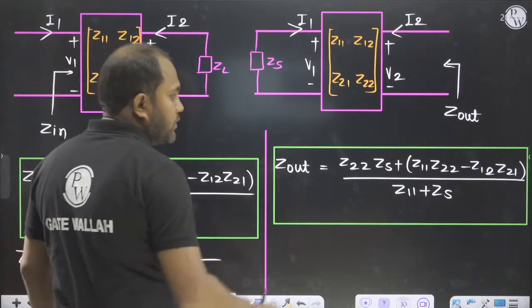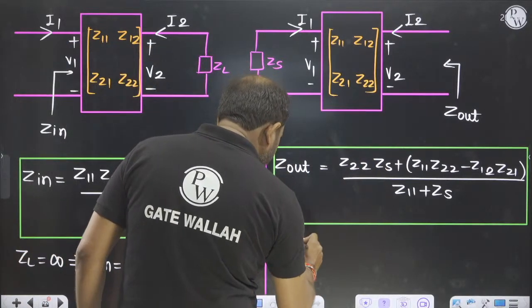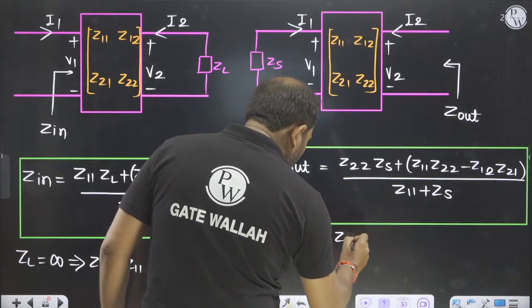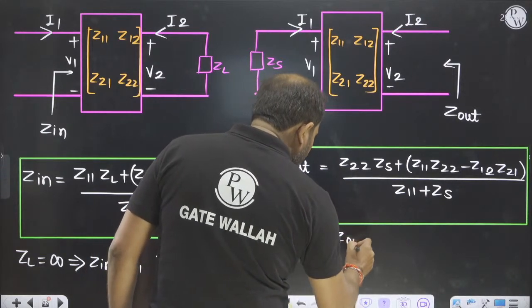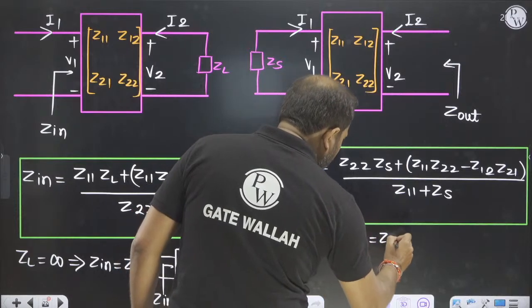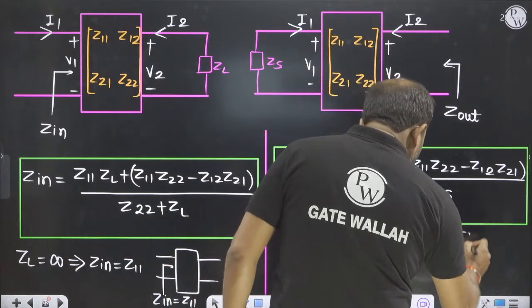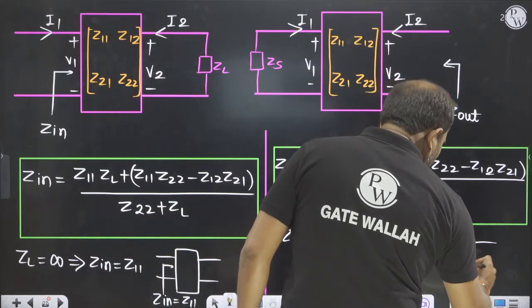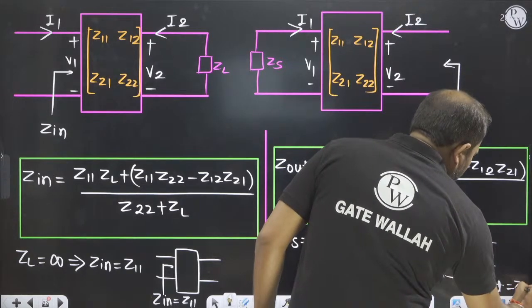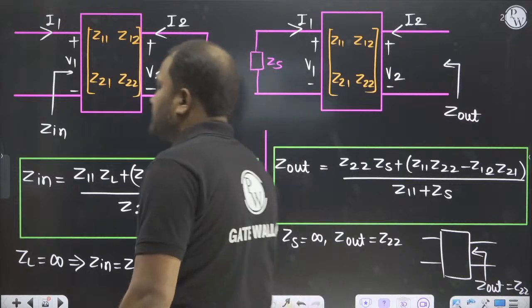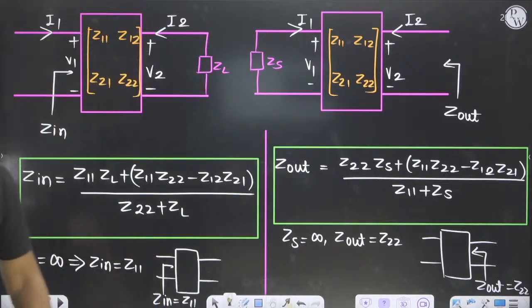And if I put ZS equal to infinite, then Zout will be equal to Z22. So this point here is open circuit, and this is Zout, so Zout will be equal to Z22. Simple. Yes sir.